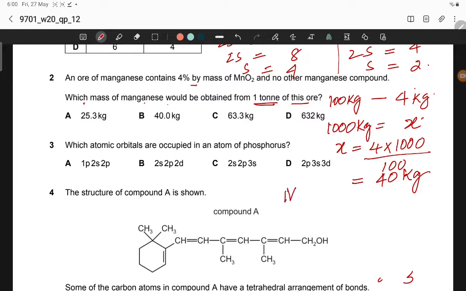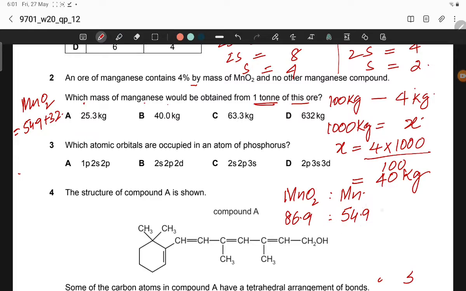So manganese dioxide MnO2 is equal to 54.9 plus 32. This is 86.9, which contains 54.9 of manganese.